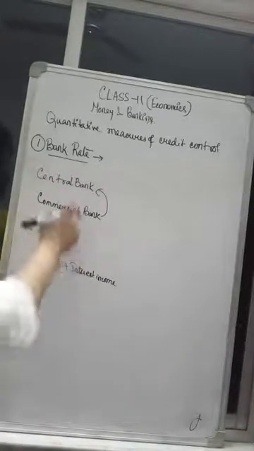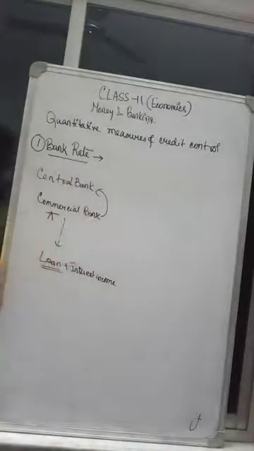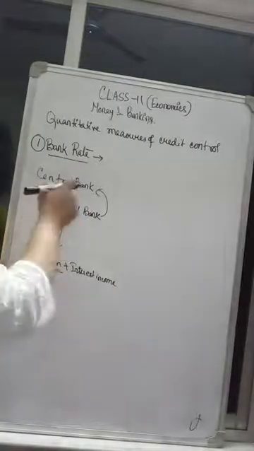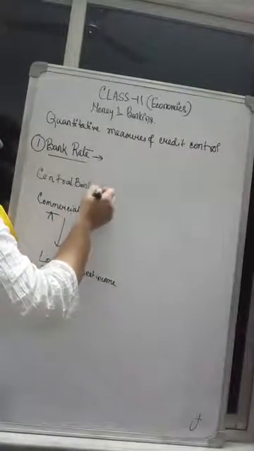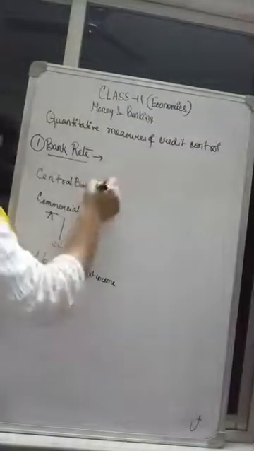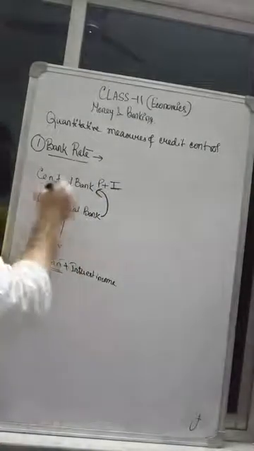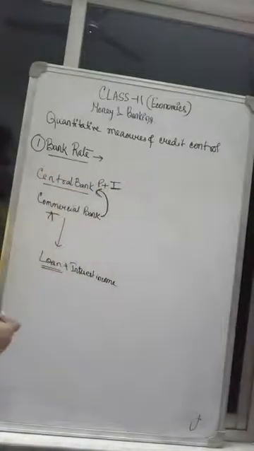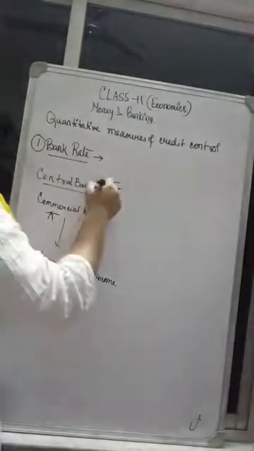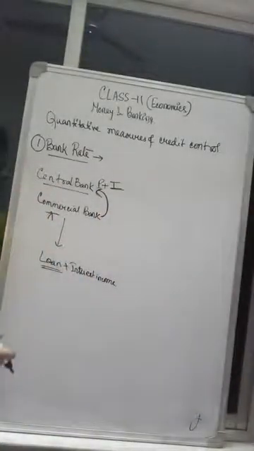But if the central bank is giving commercial banks a loan, at the time of return the commercial banks have to pay the principal with the interest amount. Suppose the central bank has given a 1 crore loan to a commercial bank. When the commercial bank has to return, it has to give the principal as well as the interest charged by the central bank.